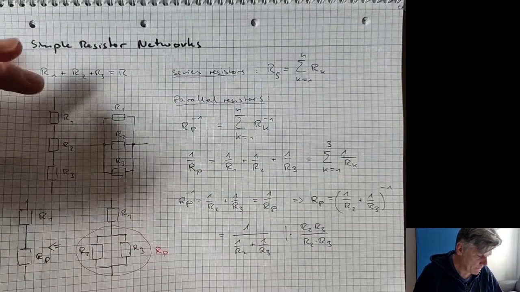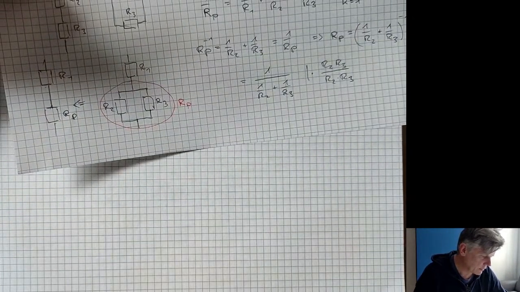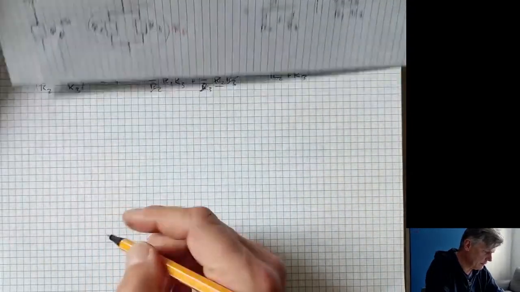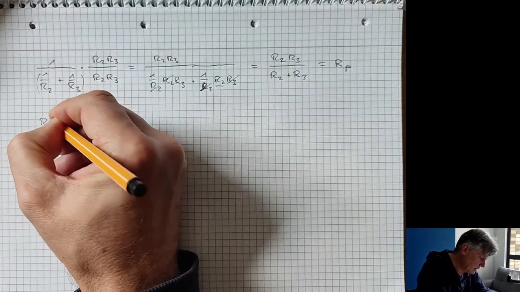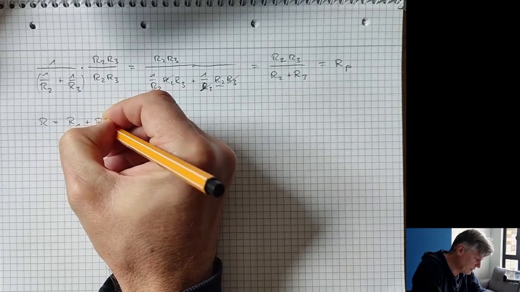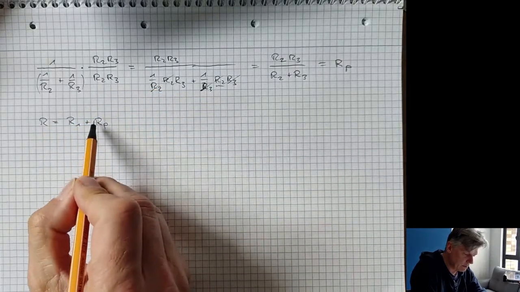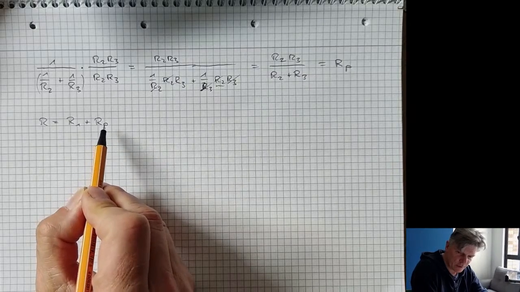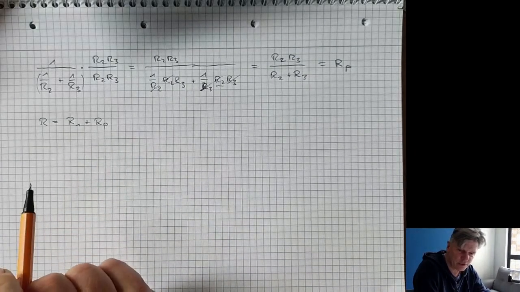Okay. That means now the total resistance R for the whole system would be R1 in series with this effective resistance made of two parallel resistors, right?